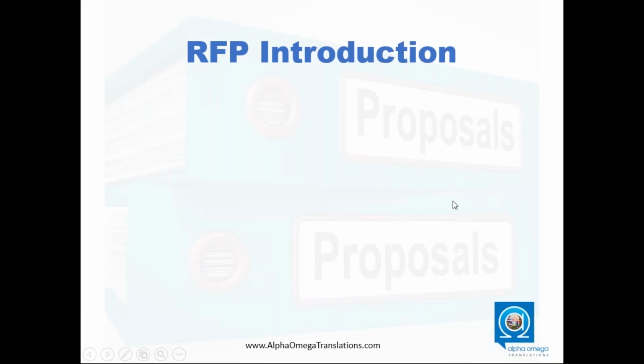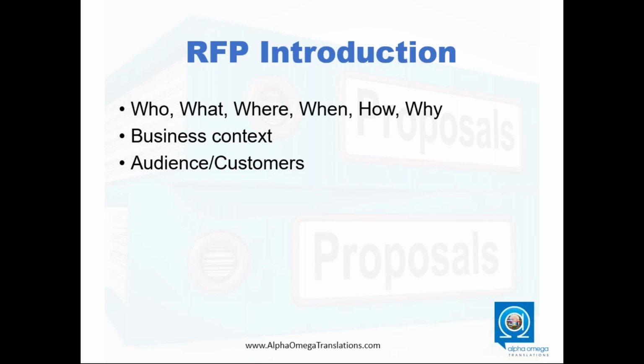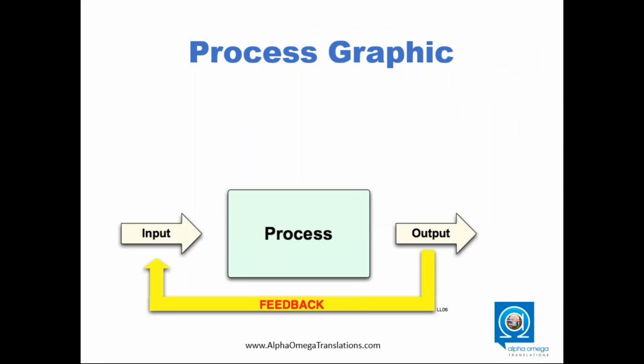All right, so the RFP introduction should be not more than a page to explain what the business is about. It's the who, what, where, when, how, and why. The business context you're talking about, who the audience and the customers are, and some on the project background. The second piece is the process graphic.